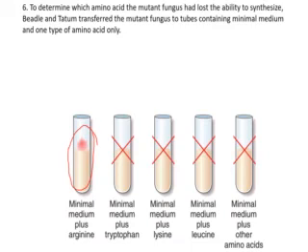Earlier, they wanted to know whether the mutated Neurospora can grow on minimal medium with vitamins or with amino acids. They concluded it can grow on minimal medium with amino acids, but it can't grow in minimal medium with vitamins.